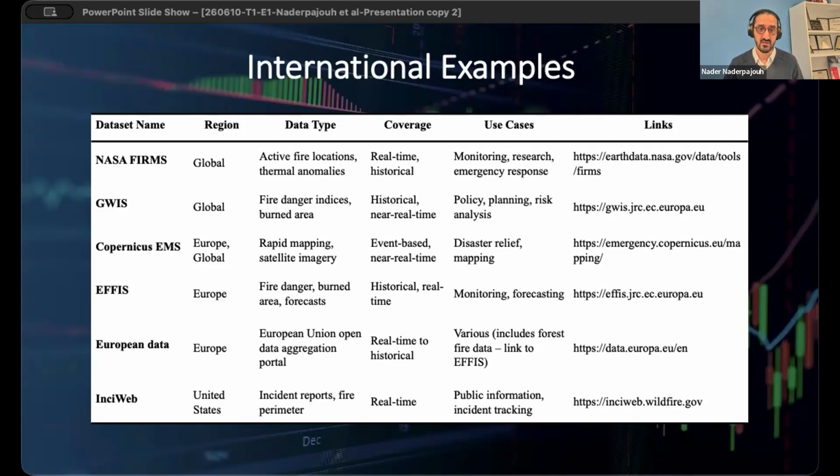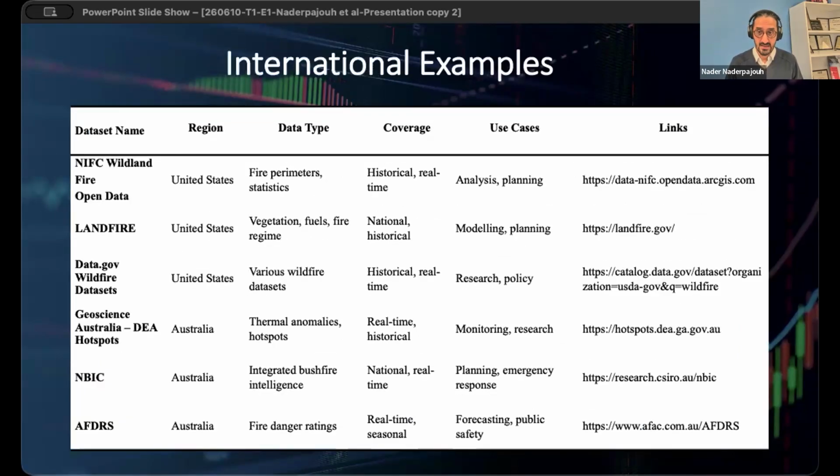But as you can see, there is a range of comparatives internationally for national databases that cover real-time to historical data. The data type ranges from fire danger indices, vegetation, and some forecasts, and it's used for monitoring, forecasting, and also for response.